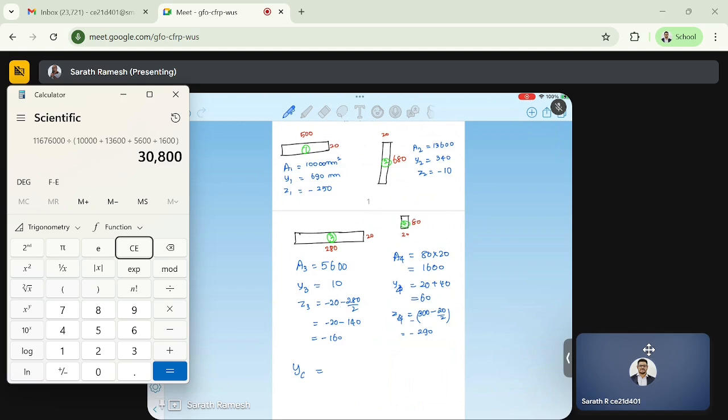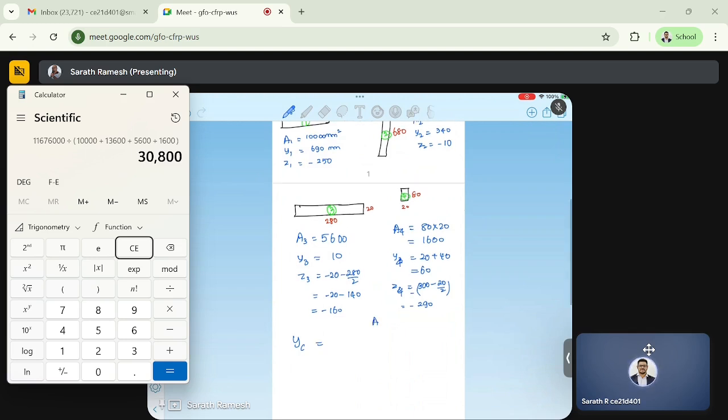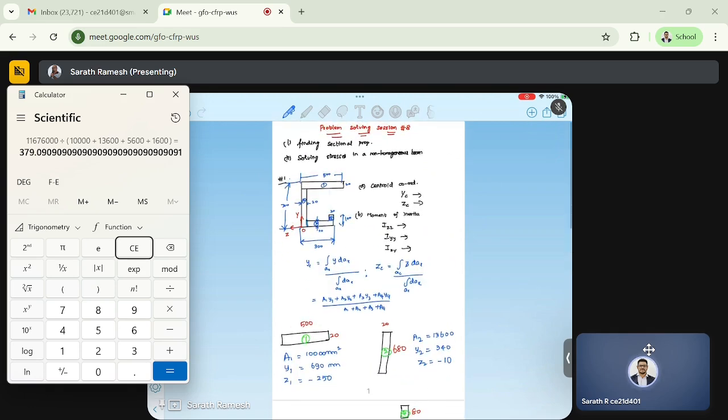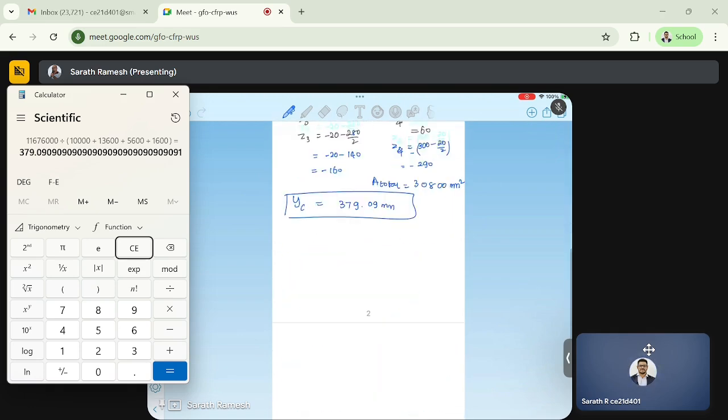So let me note down area total equal to 30,800 mm square, and YC will be everything divided by this, giving me 379.09 mm. Okay, so this is above the Z-axis. So YC is done. Now what is ZC?